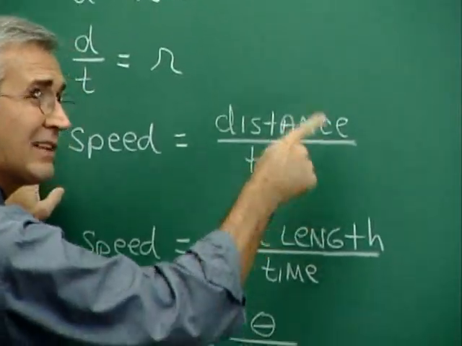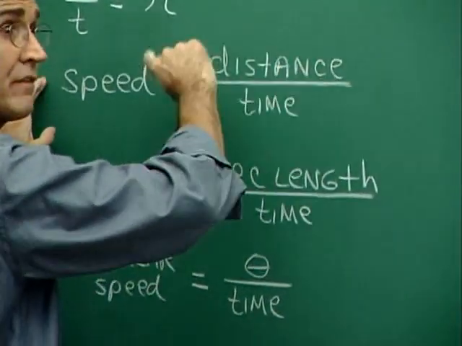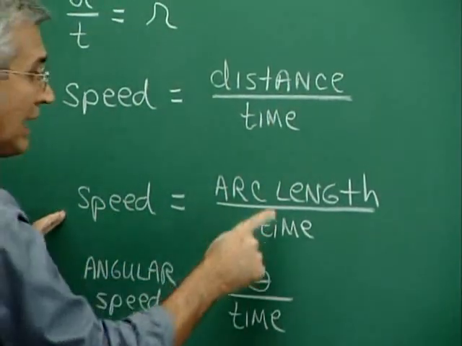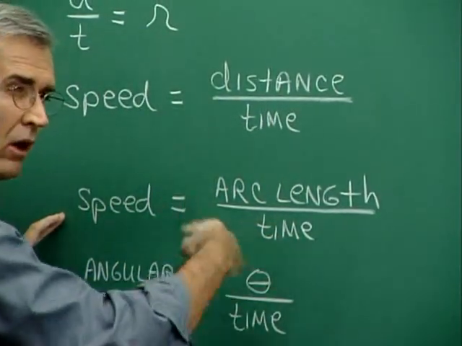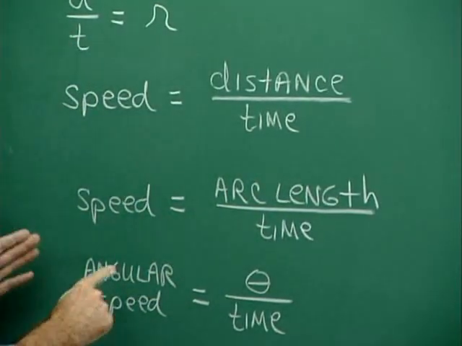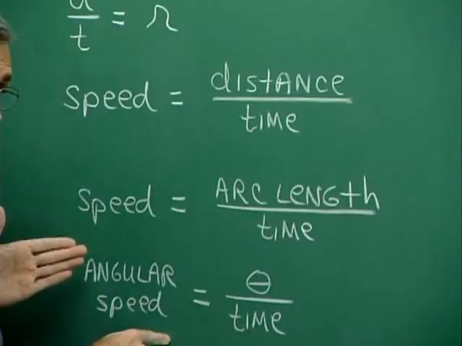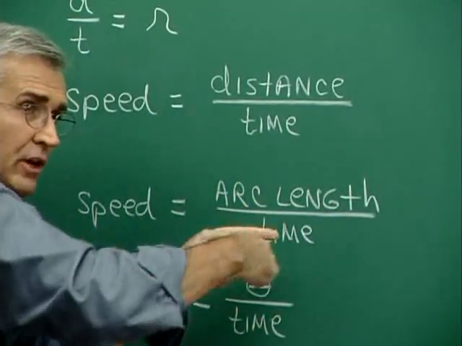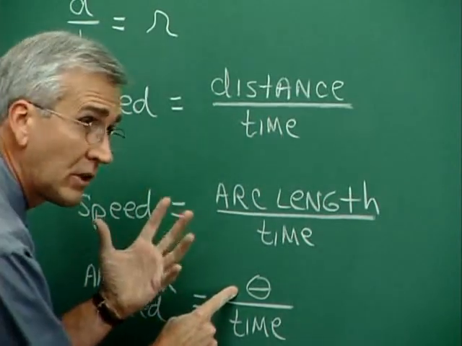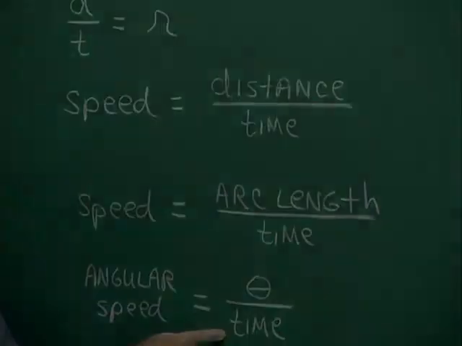That is, it's an arc length kind of idea for the distance. You see, and then the speed would be arc length over time if we're running in a circular kind of path. And as a related matter, we can calculate angular speed, the speed at which the angle is generated, you see. And that's simply the total angle that we're talking about divided by time.